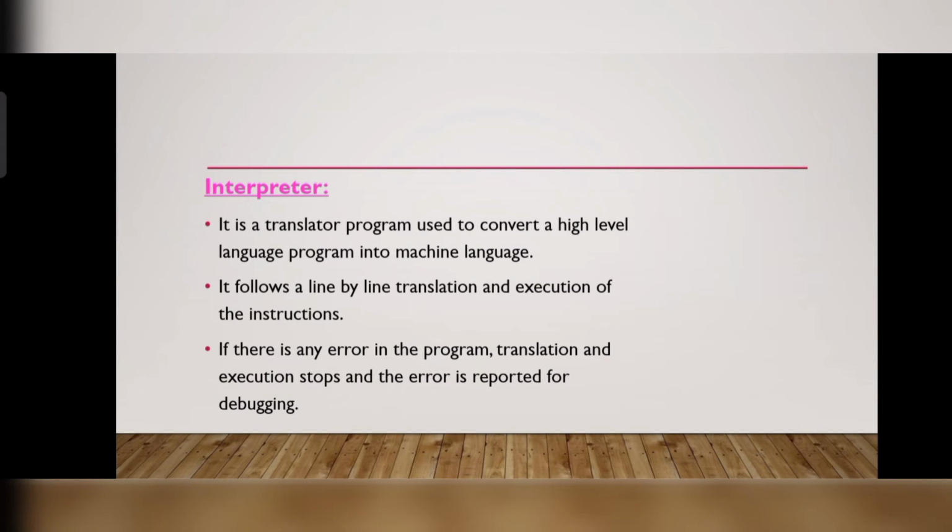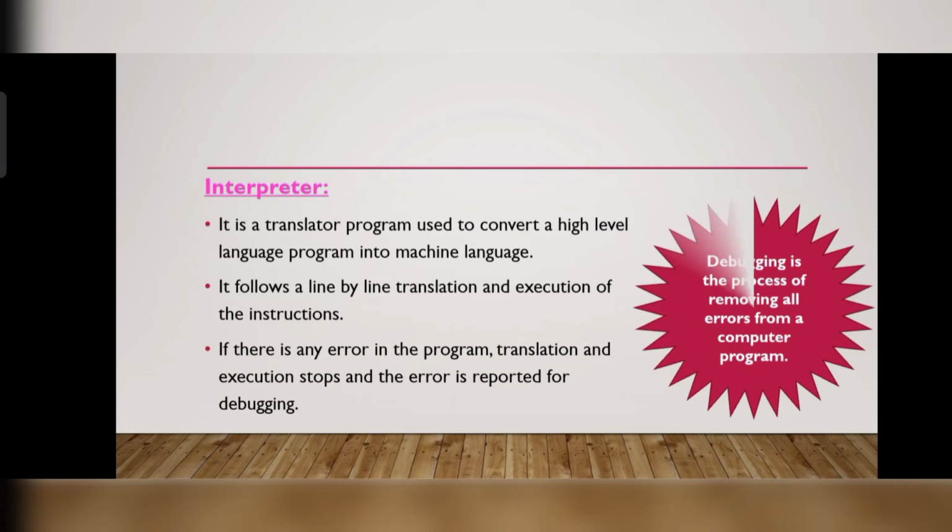If there is any error in the program, the translation and execution stops and the error is reported for debugging. What do you mean by debugging? Do you know what debugging is? Debugging is the process of removing all errors from a computer program.